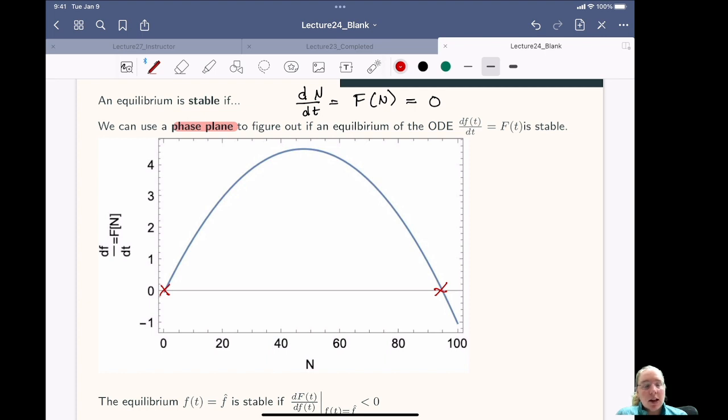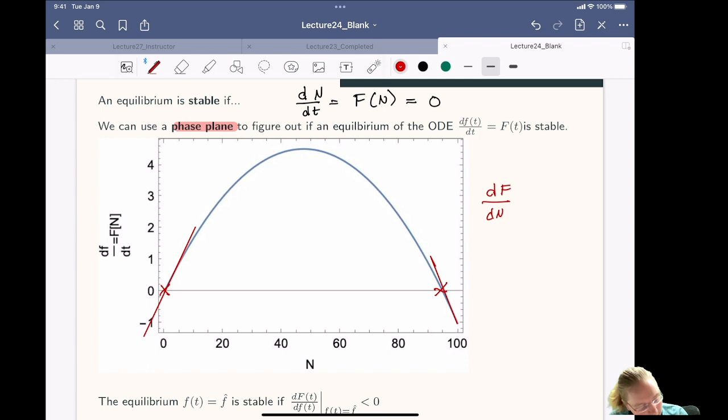All right. In order to figure out the stability of this system, I want you to think about the slope of the tangent line to this curve at these two equilibria. You know how to do that. That's the derivative of the dependent variable, in our case f, with respect to the independent variable n, df/dn.